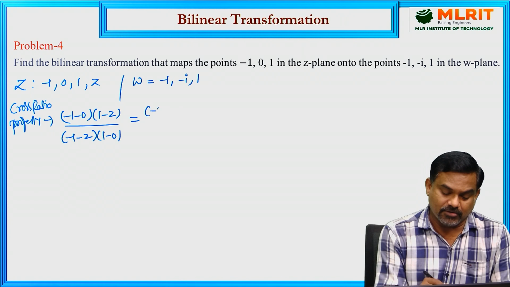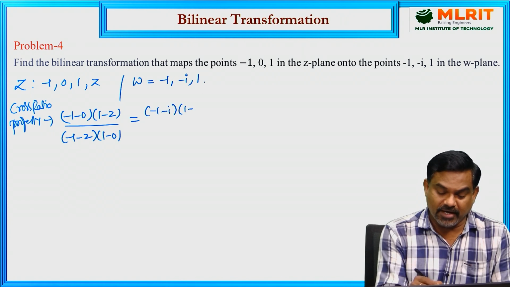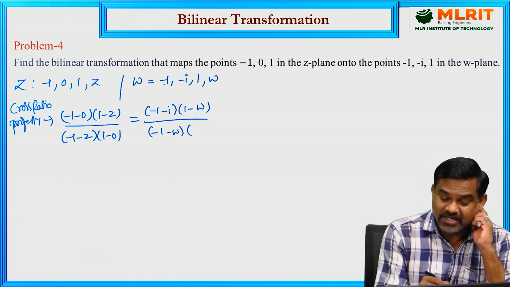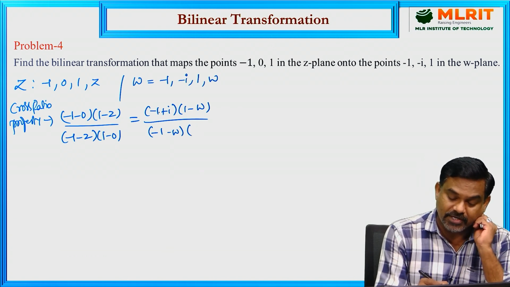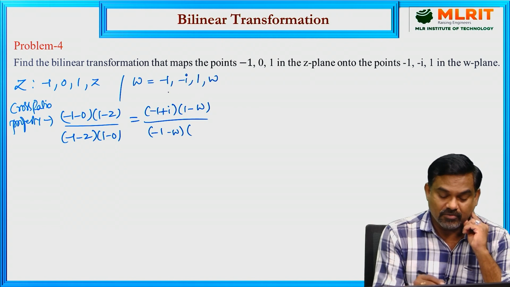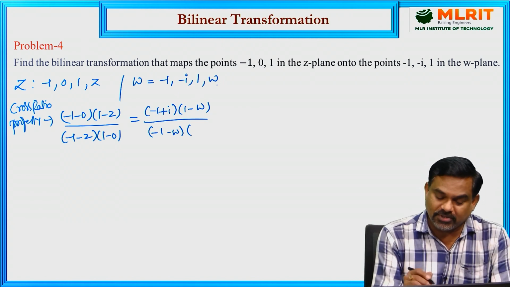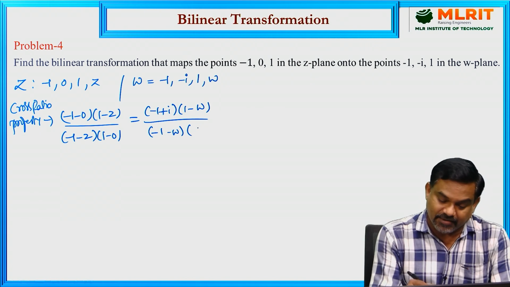Now, W values: minus 1 minus I, 1 minus W by minus 1 minus W. So here minus 1 minus of minus I, so we get plus here. And now 1 minus 1 minus W, first minus fourth, now third minus second.